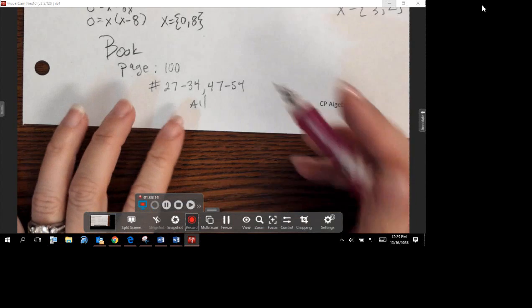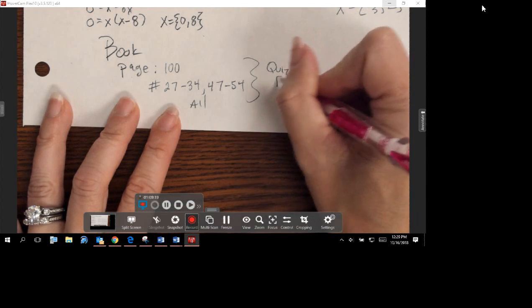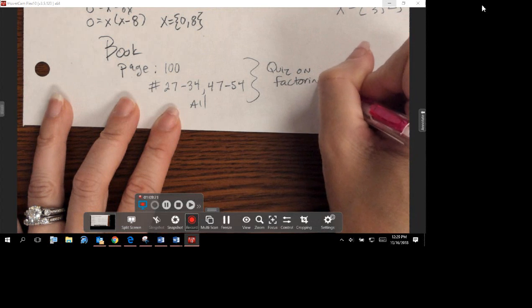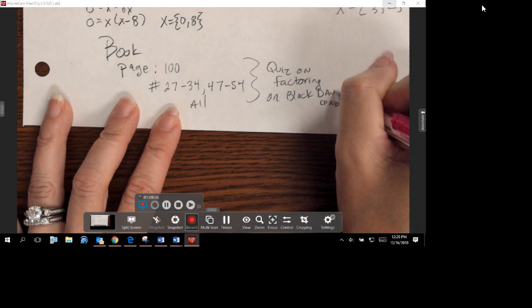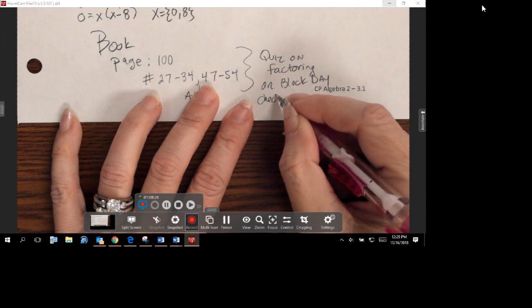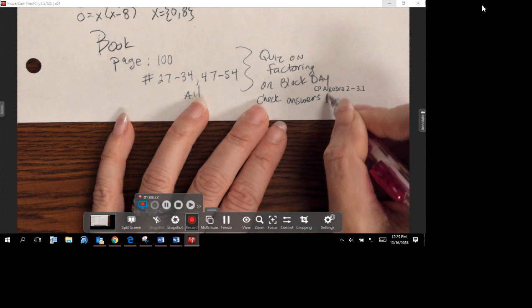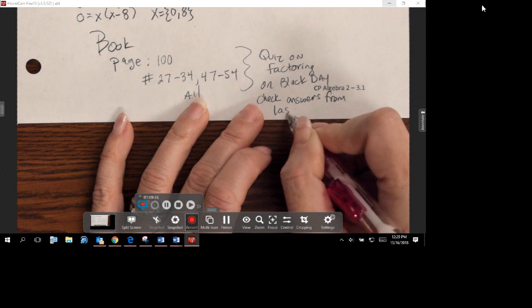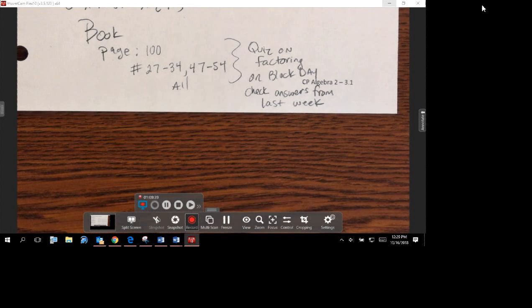Because we're going to have a quiz next class, which is Thursday for you all, on just factoring, which is what we did last week.